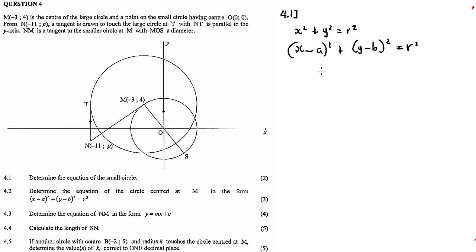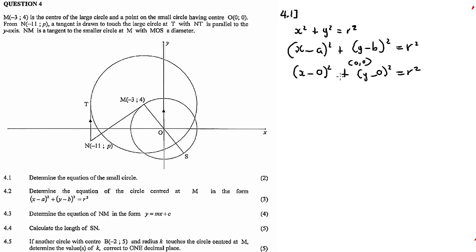We can substitute the center, which happens to be the origin. The coordinates of the center are 0 and 0, so a is 0 and b is 0, giving (x minus 0) squared plus (y minus 0) squared equals r squared.